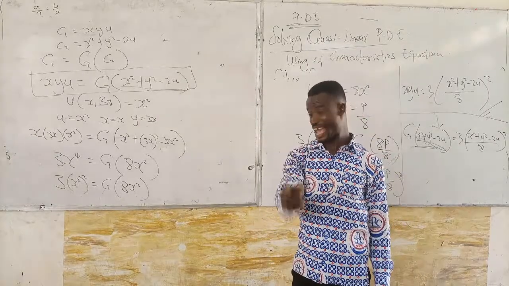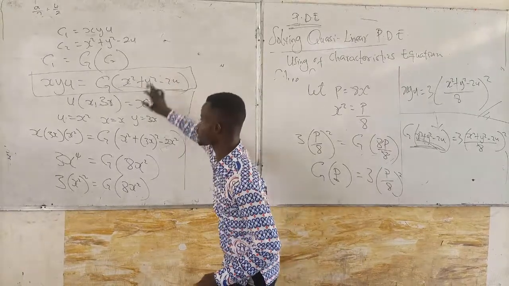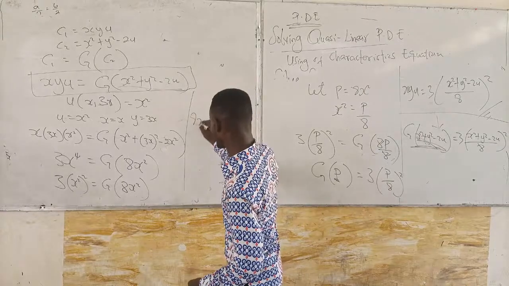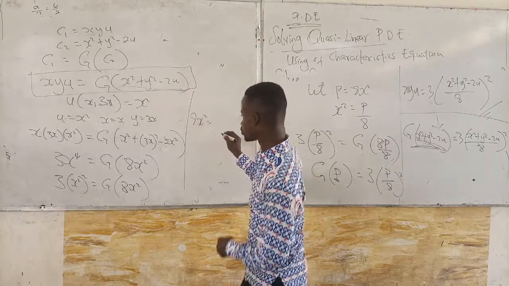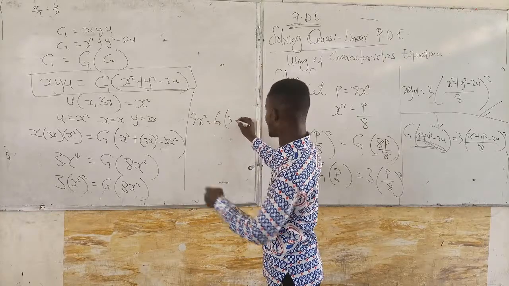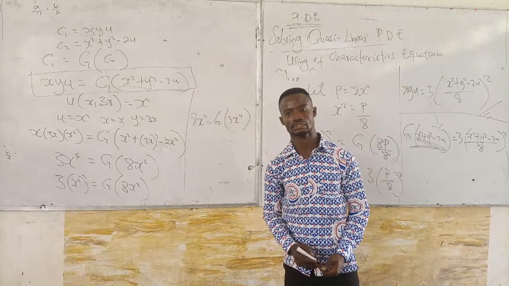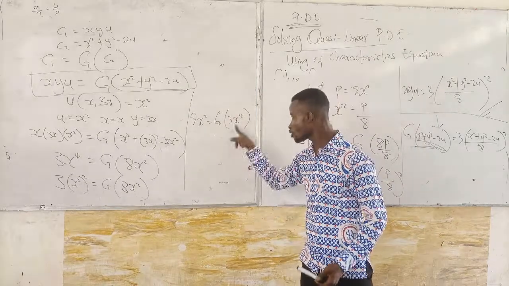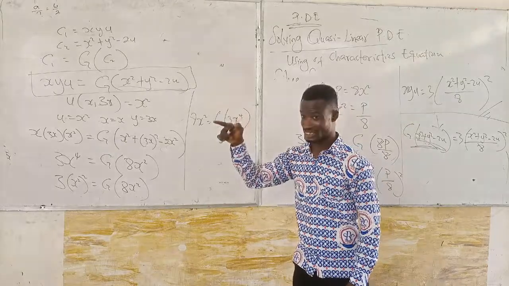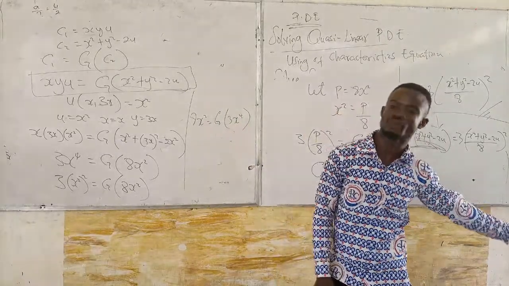Because watch, at the end, if you put this one outside and this one inside, you are going to get 8x squared is equal to g of 3x to the power 4. And then we say p works for this. Your p will be equal to this. You get the same thing, but your particular solution will be different from mine. But it's the same thing.